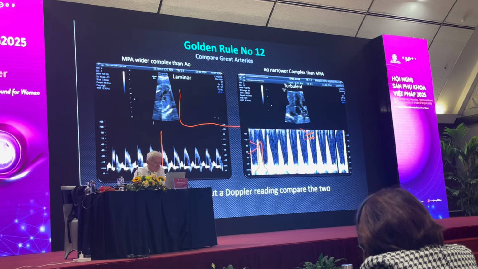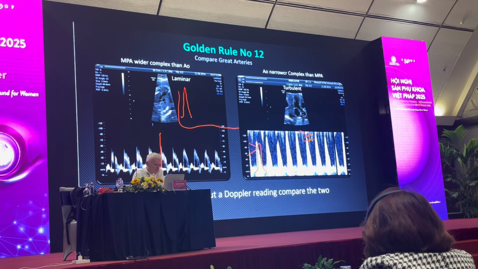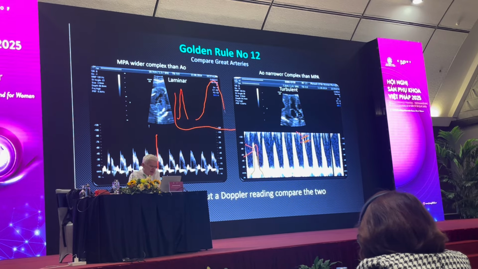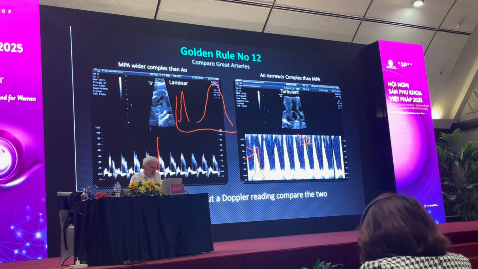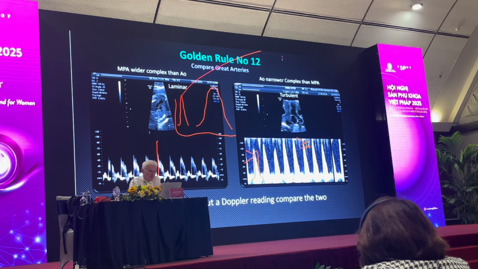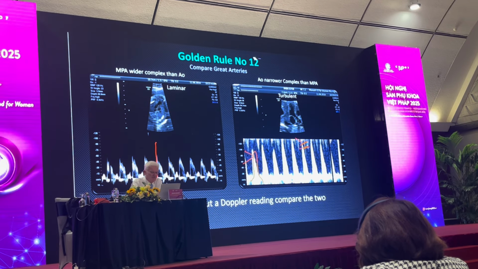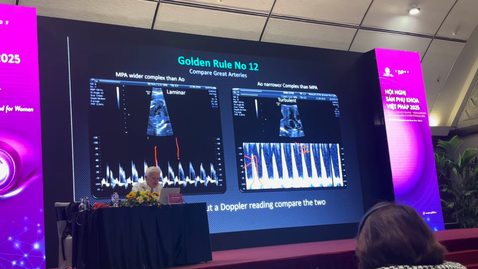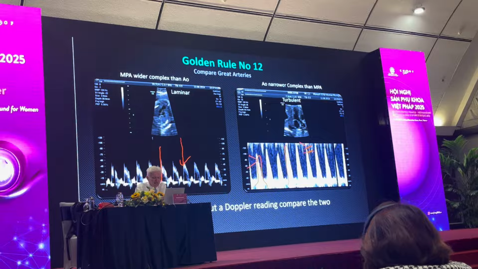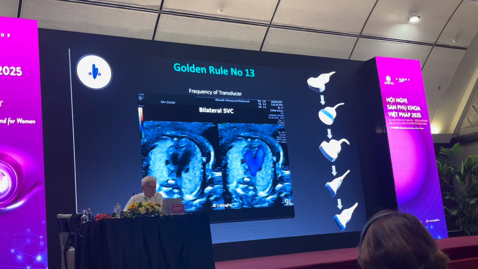So a normal blood vessel will have an immediate rise and a fall. Whereas a baby with smaller blood vessels will have a lollipop rise, like a lollipop. Slow rise to peak, slow descent. That's normal, and that's stenotic. So when you look at this waveform, this is rapid rise to peak systolic velocity. This is a slow rise to peak systolic velocity. It's a subtle finding, but it's also helpful.